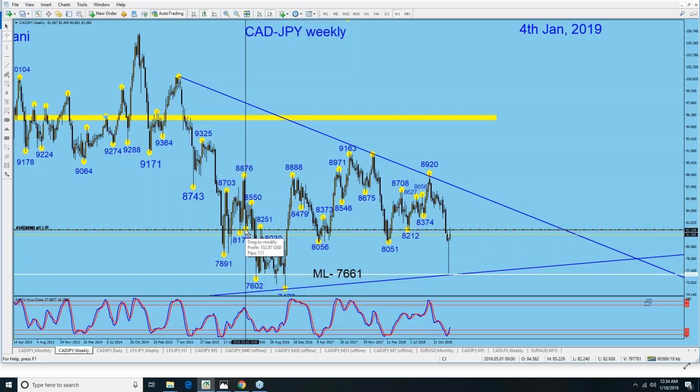You can see the low 82. Sorry, I think it's 82.24, right? This is a low 82.24, right? Okay, so these are the numbers that I was expecting that you might be making a turn.